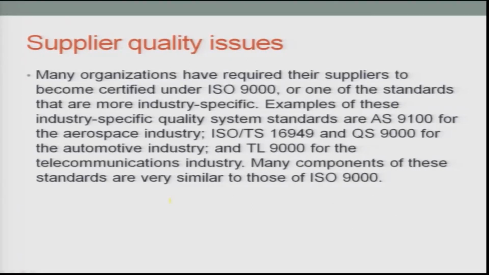There would be quality supply issues also. So, many organizations have required the suppliers to become ISO 9000 certified. Which means that if I am sure that my supplier or the vendor to whom I am supplying has a mutual understanding, then if there are ISO 9000 certified companies, it means there is a level of confidence in the quality level on different aspects: services, products being produced, raw materials, vendors, financial systems are all in place.